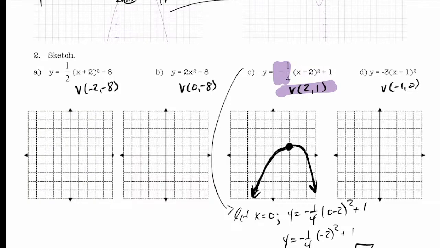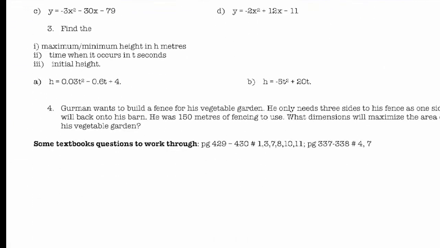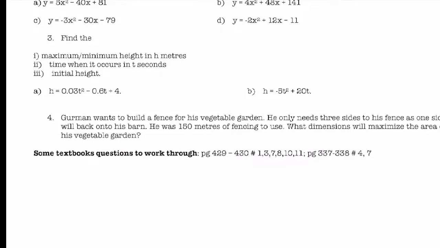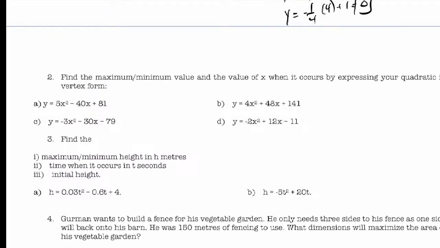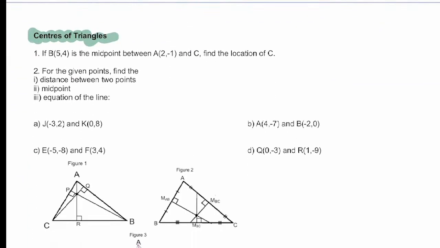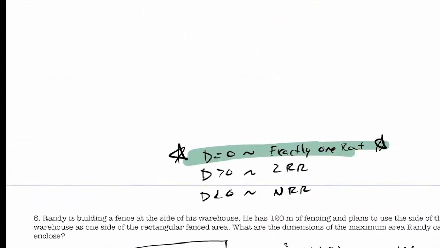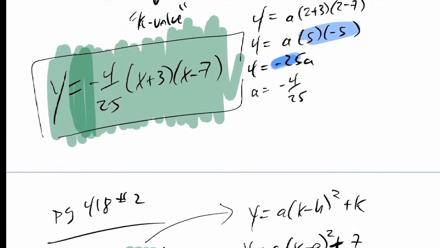Anything else I can go through? You ready for this? Sure. Did I list any here?